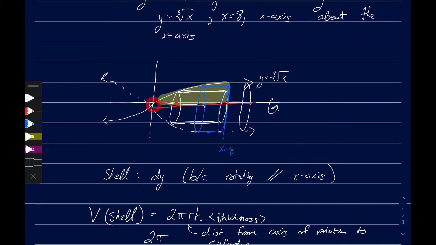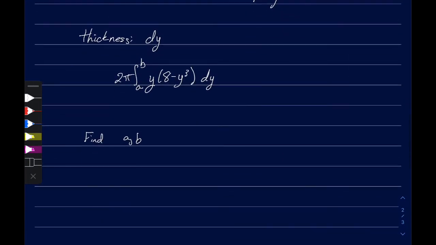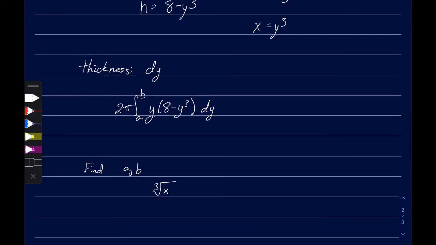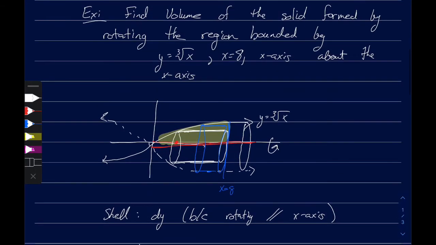So this point here is going to be where the cube root of x intersects the origin. So we're going to have the cube root of x, or y cubed, because remember we're integrating in y. So those were x ones, but we're going to need y ones. So we're integrating from here, this lower bound, to this upper bound.